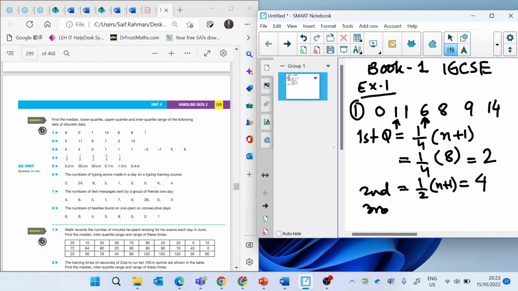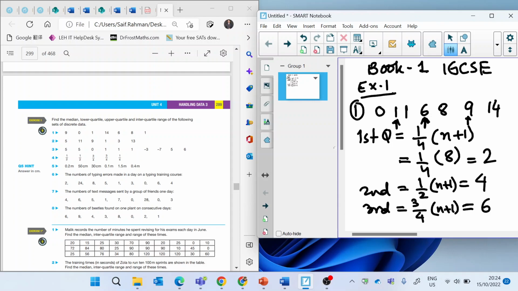For the third quarter, the formula is 3 by 4 times n plus 1. Again n plus 1 is 8, 8 threes are 24, and dividing 24 by 4 gives 6. So the sixth number is the third quarter, or upper quartile: 1, 2, 3, 4, 5, 6.